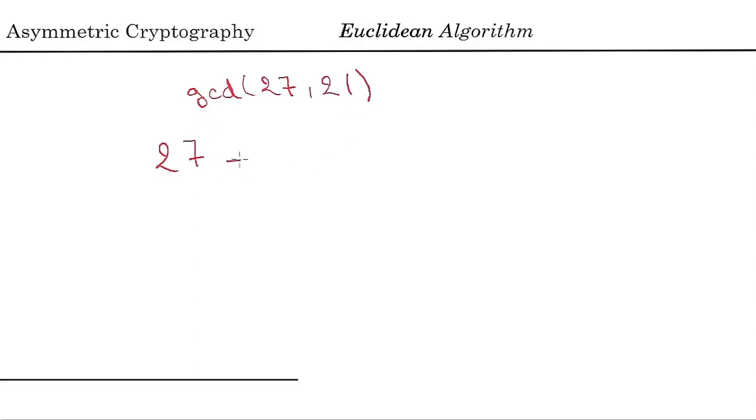If that seemed a little bit hard, here's another way of explaining the Euclidean algorithm. We say that the GCD of 27 and 21, so we first take 27 and we say 27 is equal to 21 times a number plus a remainder.